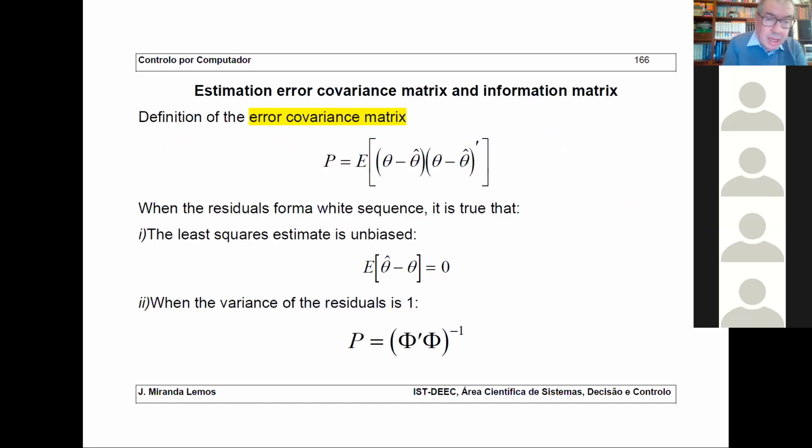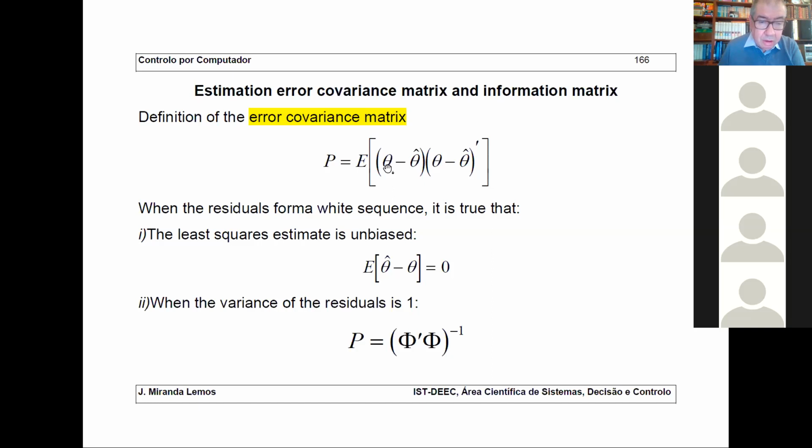Now, a couple of notions that will be quite important in the future. One is the notion of error covariance matrix. I define P, the error covariance matrix, as the expected value of, you see, this is the error.